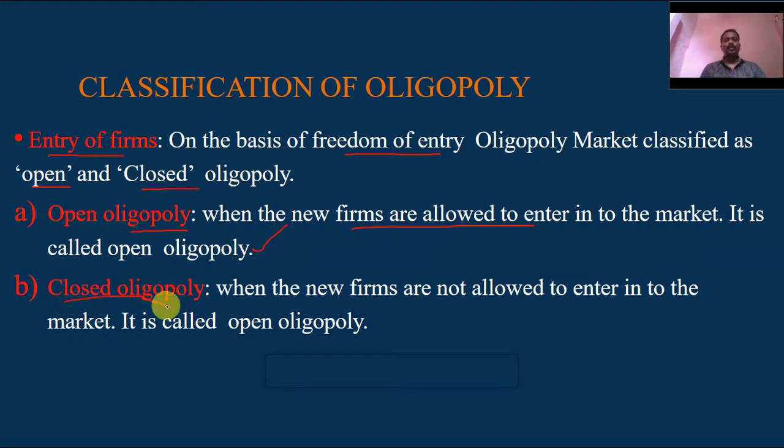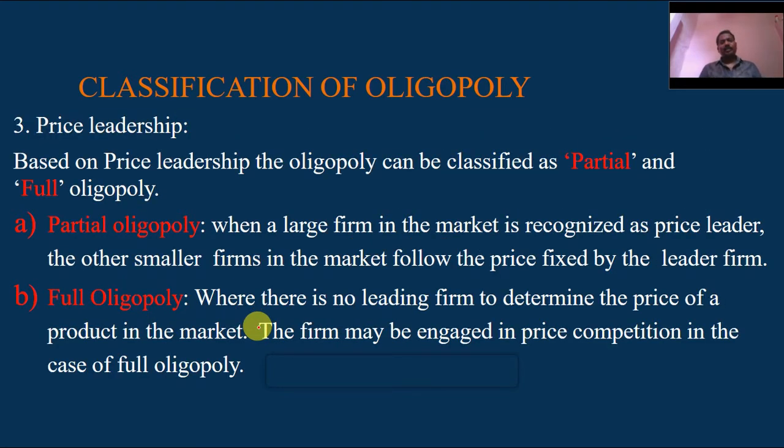And when new firms are not allowed to enter the market, it is called a closed oligopoly. So there are two types, closed oligopoly and open oligopoly.